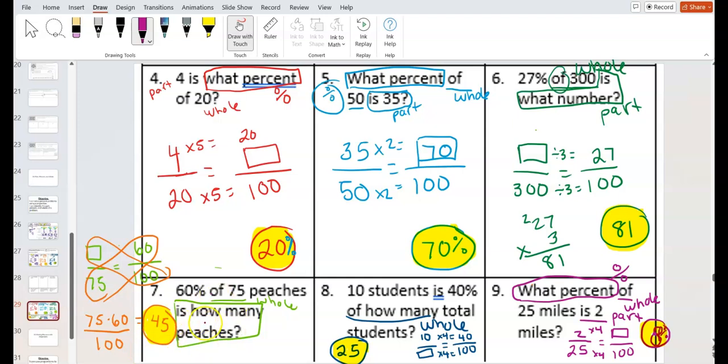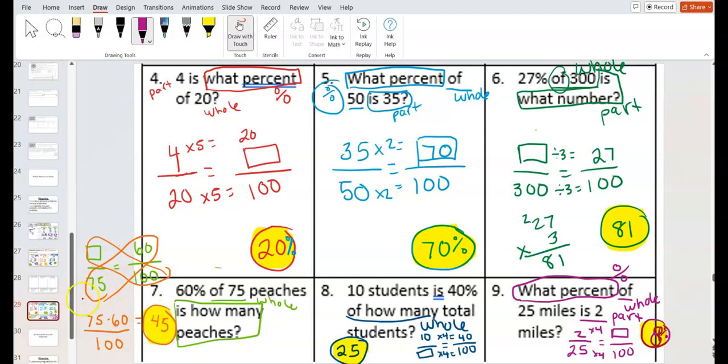Now on number 7, this is where our other ways that we would like to solve percents and percent problems come in handy. We have learned how to cross multiply and divide with proportions because 75 does not go into 100 evenly. It goes in 1.3333333 times.